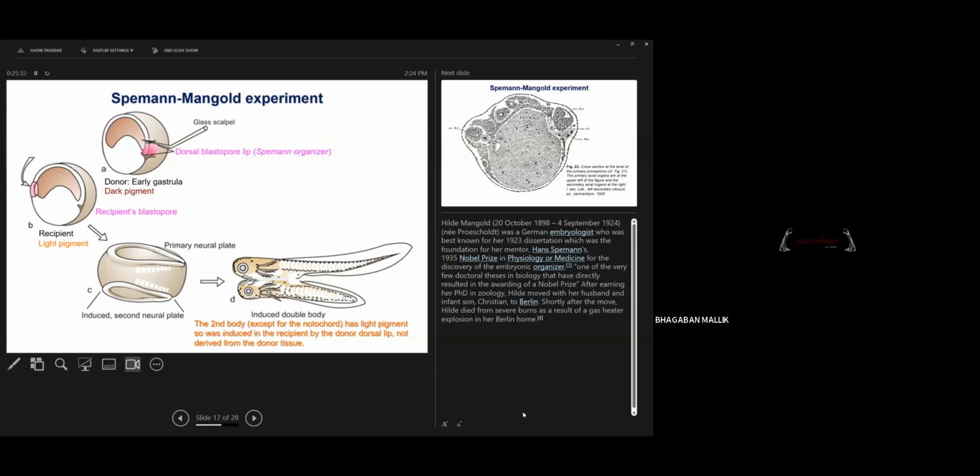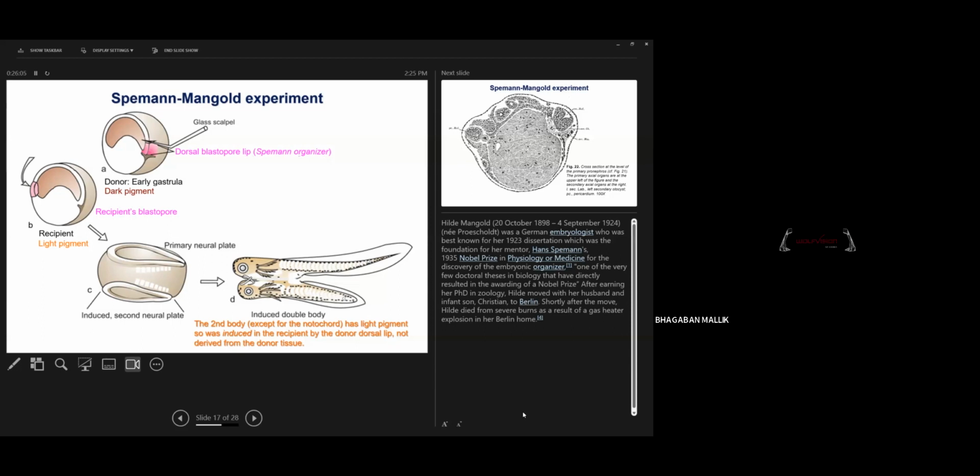What they did is they took two different gastrulae: one is the donor gastrula, and another is the recipient gastrula. In the donor gastrula, they had a pigmented, colored region. They excised this part of the colored gastrula from the dorsal blastopore lip, and these experiments were done in amphibian embryos. They implanted it in another gastrula on the posterior side.